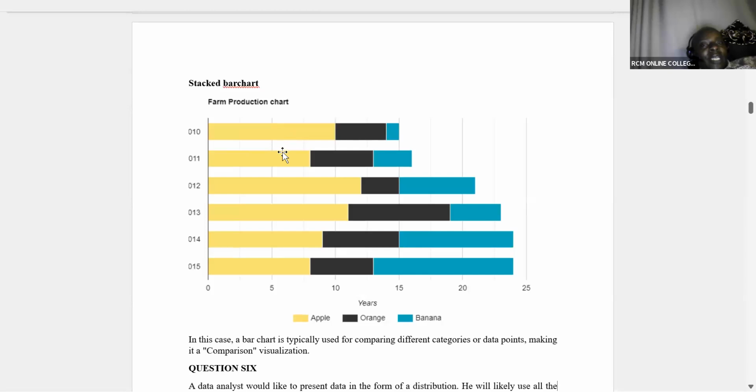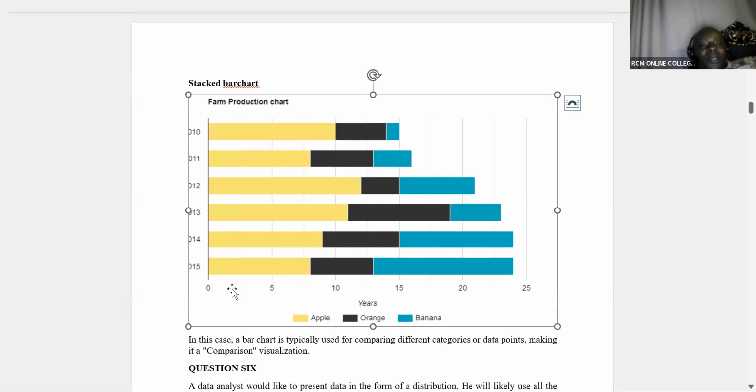So I can see with time, from here, apples are moving down. Consumption is moving down. Bananas are gaining like that. So you can use this stacked bar chart. Stacked means putting on top of each other. You stack like that. For the purpose of what here? Comparison. You can use a pie chart for the purpose of doing what here? Comparing items.